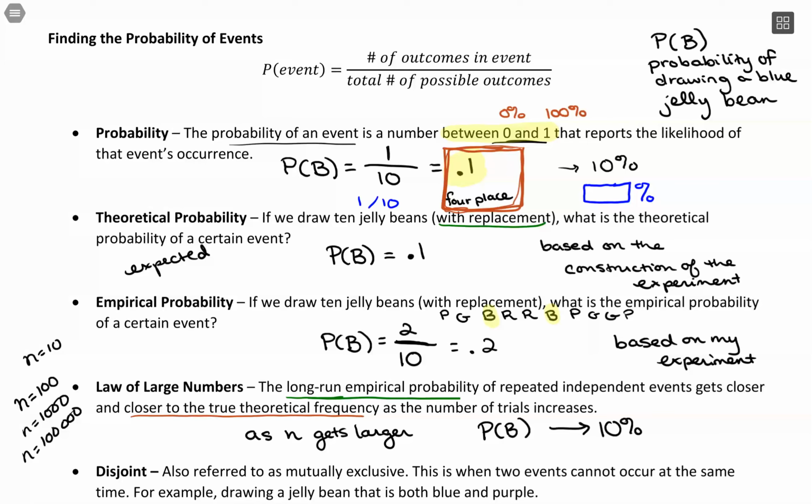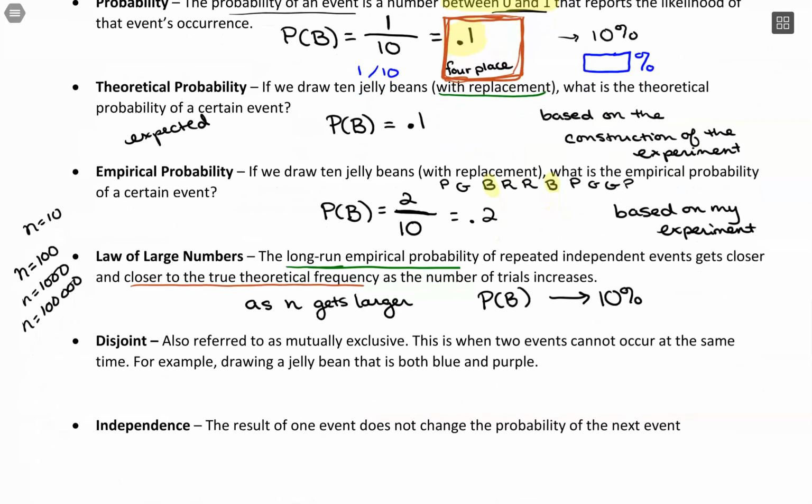With small sample sizes, you can see a lot of variability, and theoretical and empirical probabilities could look completely different. But as you take larger sample sizes, the empirical probability should converge to the theoretical. So that's our law of large numbers. And that's why the larger the sample size, the more accurate the data is. We really want to avoid small sample sizes because there's a lot of variability there.